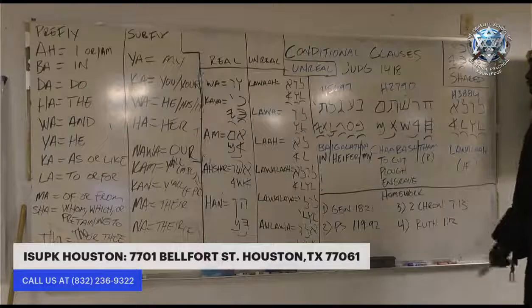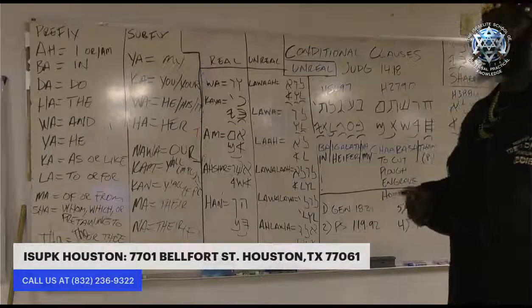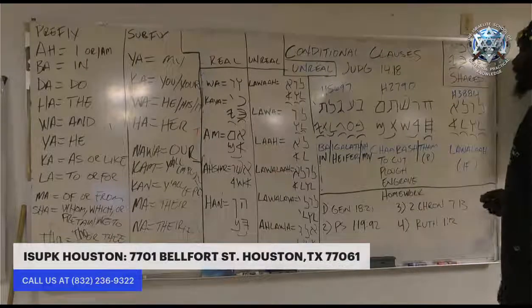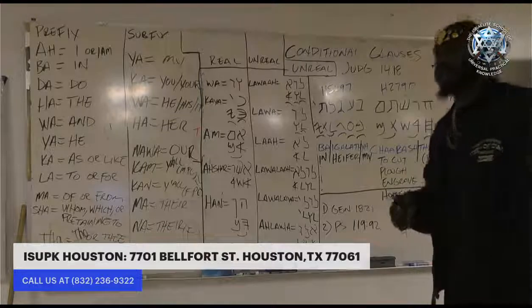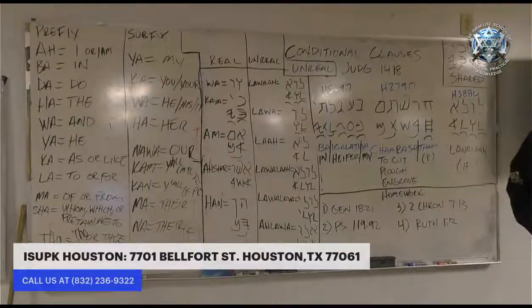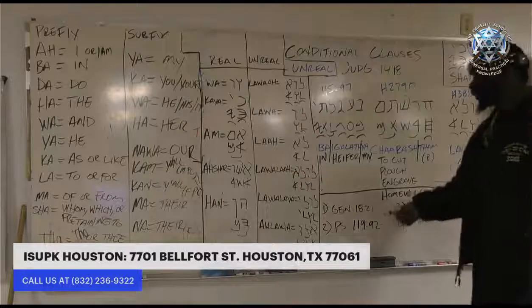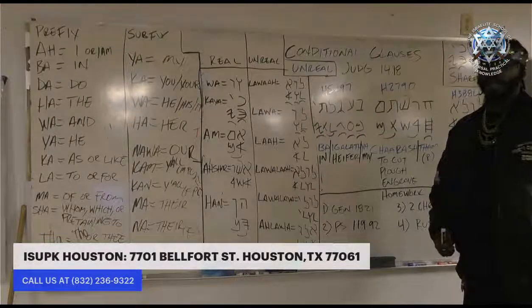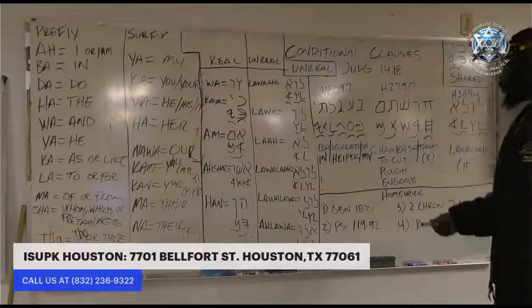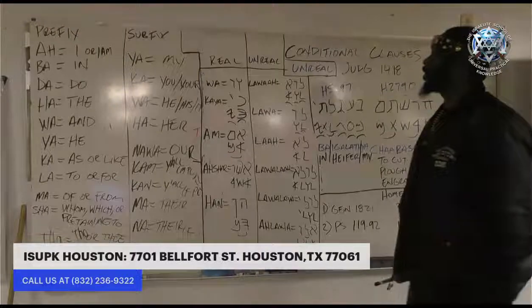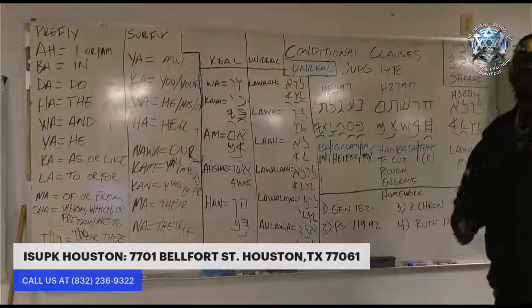So for homework, you can either use your Torah or Tanakh. If you have the Blue Letter Bible, you're going to go to these scriptures and look at the Hebrew, and you're going to determine whether these four scriptures are real or unreal conditional clauses.